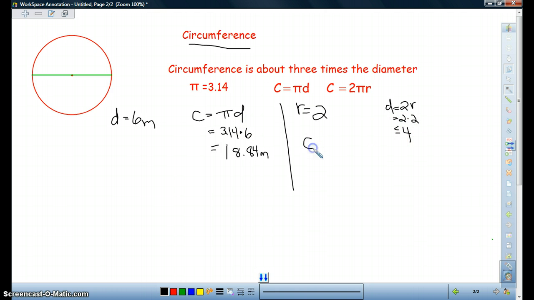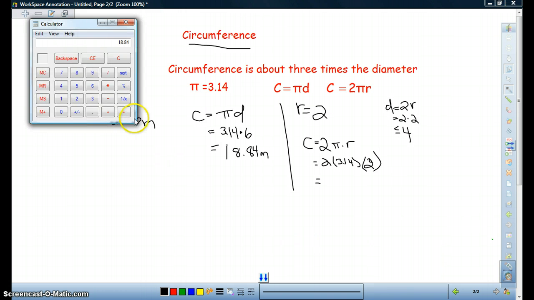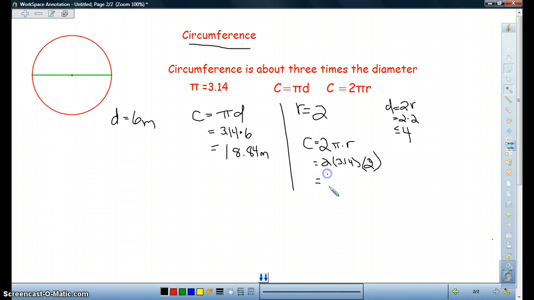But if you wanted to do it all in one step, you could do C equals 2 times pi times r. And we're going to have 2 times 3.14 times 2, our radius. And then it's just calculator work. 3.14 times 4 is 12.56.